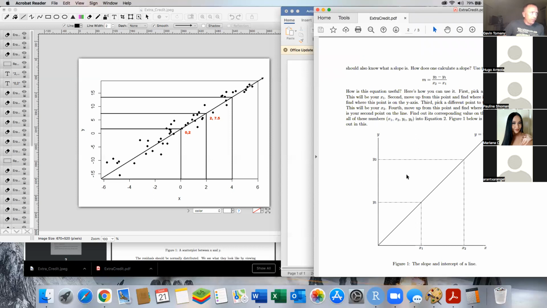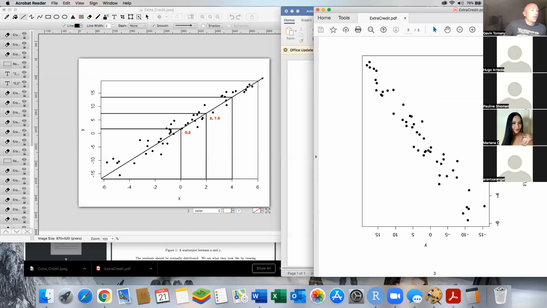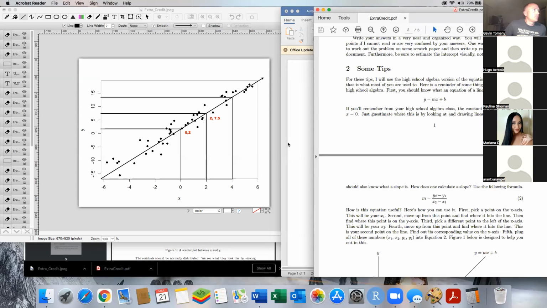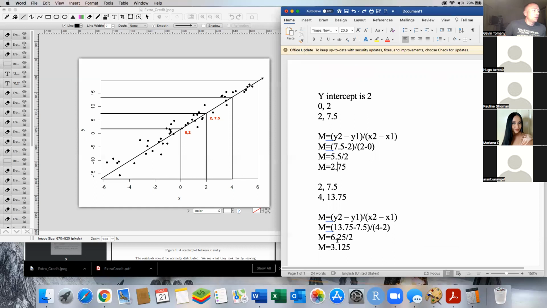We found the intercept, we found the X1s and the corresponding values. Then we plug the numbers into this equation, and that gave us the slope, which was these ending numbers of 2.75 and 3.125.